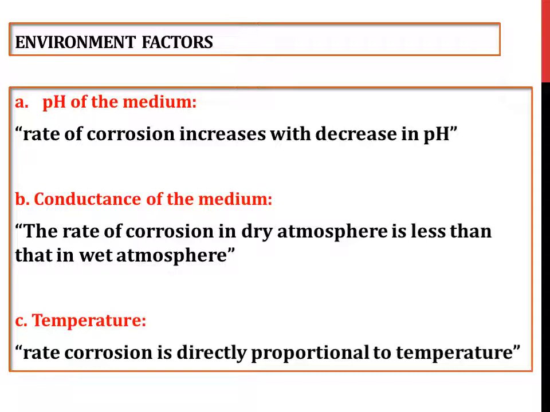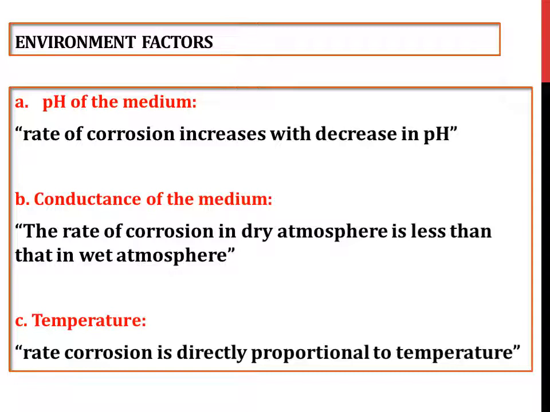For example, you can take ships that are submerged for hundreds of years in the ocean. If you observe them, they remain almost unaffected by the corrosion process. Also, if you consider the pH between 10 and 3, what is observed is that the presence of oxygen is essential for corrosion of iron in this pH range.